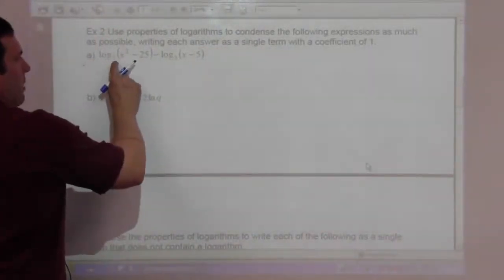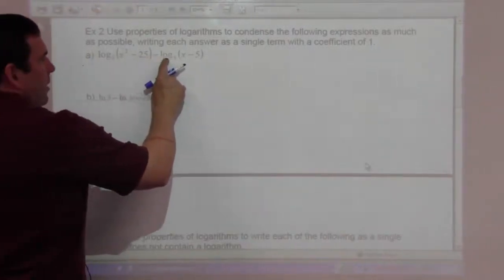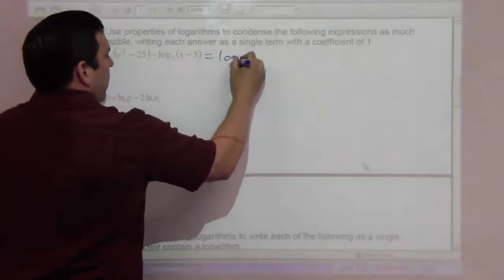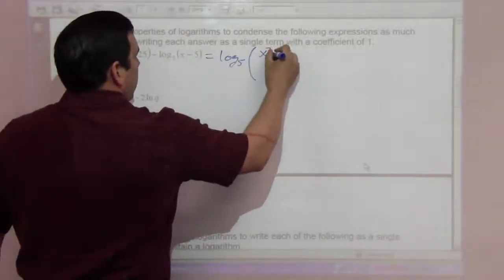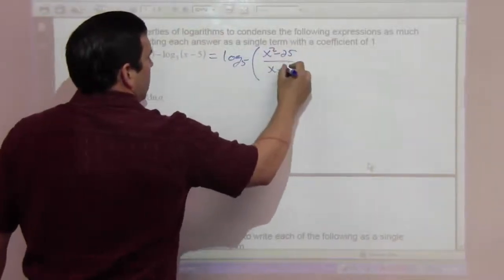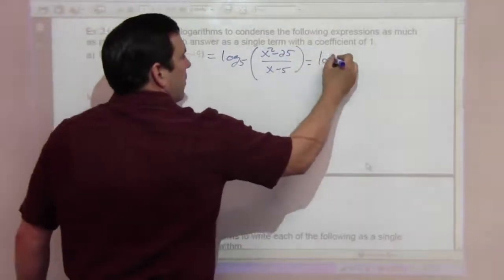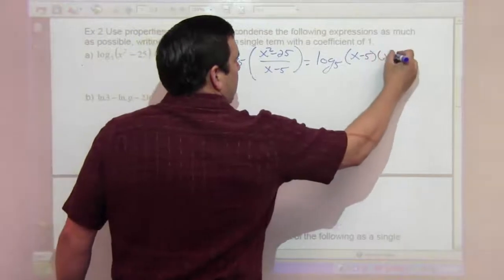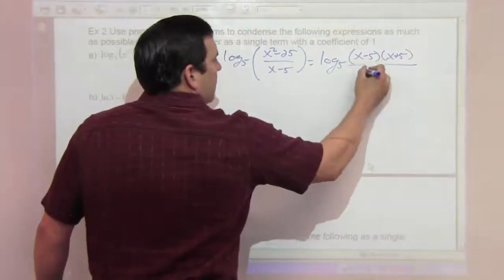We have log base 5 of x squared minus 25 minus log base 5 of x minus 5. That would be log base 5 of x squared minus 25 over x minus 5. Now we can factor that numerator. That becomes x minus 5 times x plus 5 over x minus 5.